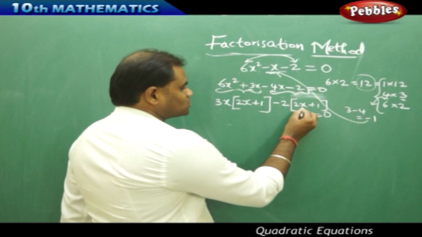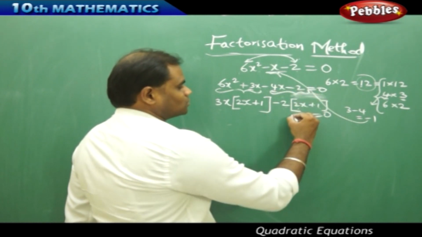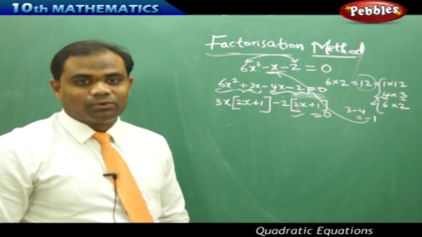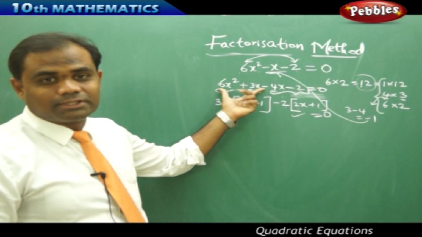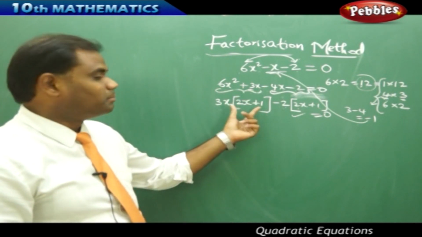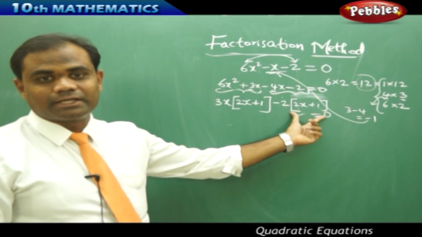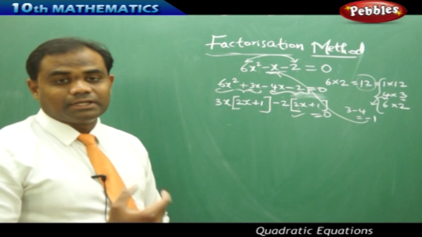Similarly, minus 2 times 2x is minus 4x, right? Minus 2 times 1 is minus 2, so I'm right. So rechecking through the expansion for getting the original terms is very important here, because many students do make mistakes in taking something common out here and here. So verification is a must.